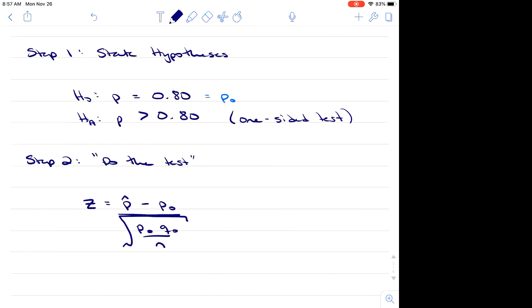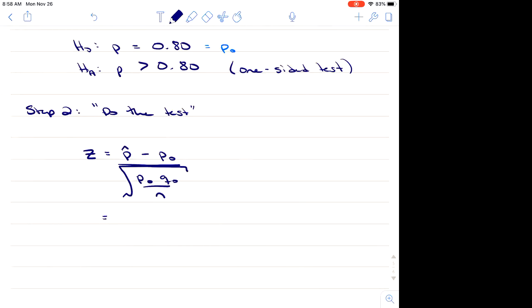Then 1 minus that is your Q naught. Q naught is 1 minus P naught. And then your N, which is your sample size again. So really, you only need your number of successes, your sample size, and your hypothesized proportion, which to me feels like a lot less information to handle than for a means question. So proportions are kind of fun that way.